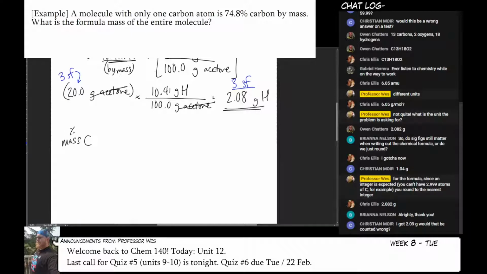Oops, sorry. Percent carbon equals mass carbon. Let me just get rid of that. Percent carbon equals mass of carbon over mass total, times 100%.